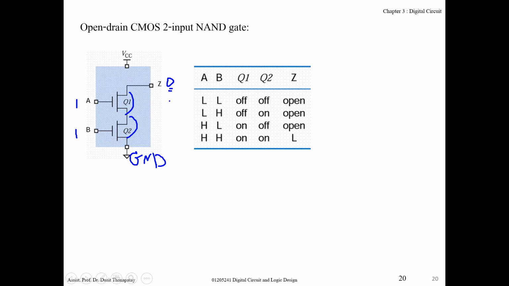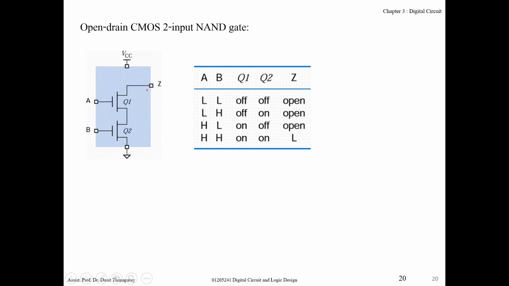And what happens if I apply 0 to A and B? This one is off. How about the output? The output is not connected to ground, but it's also not connected to VCC. That means this output becomes an open circuit.